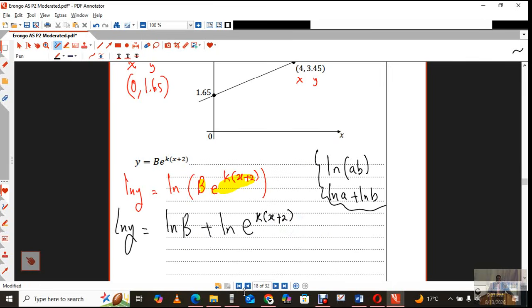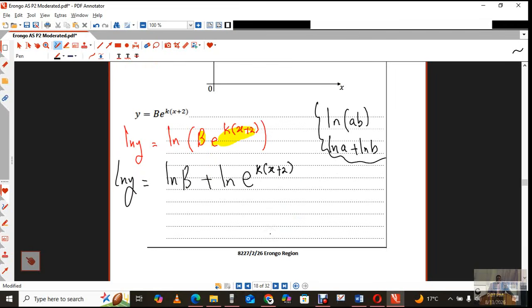Okay, right. So from here, this can actually come down. And another thing, maybe let's just rewrite it first. So I have the natural log of b, which is a constant, plus k(x plus 2) times natural log of e.